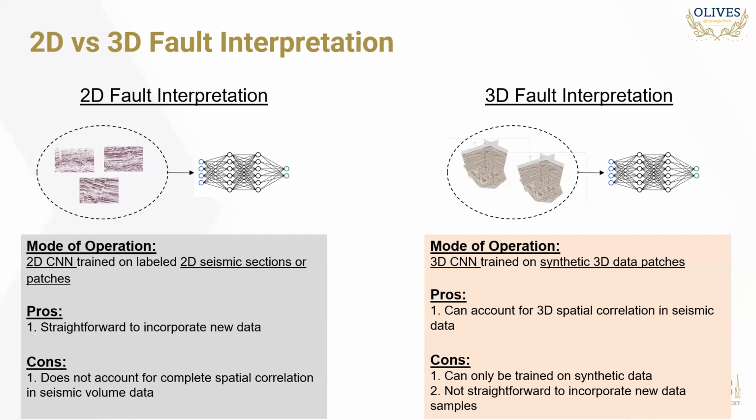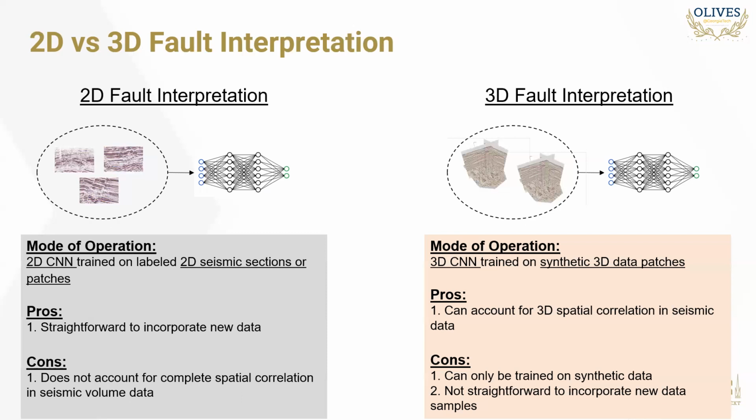Second, the second disadvantage with this kind of strategy is that it's not straightforward to incorporate new data. You have synthetically modeled data, and you have a network that is trained on this synthetic data. But when you move to a real data set, many times there is a domain shift that happens. And as a result, the model performance degrades.